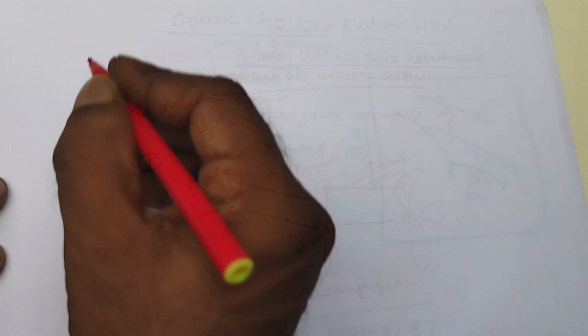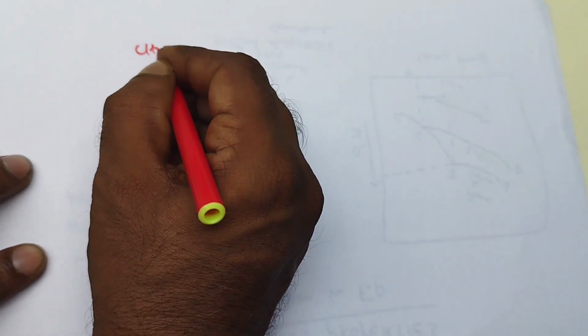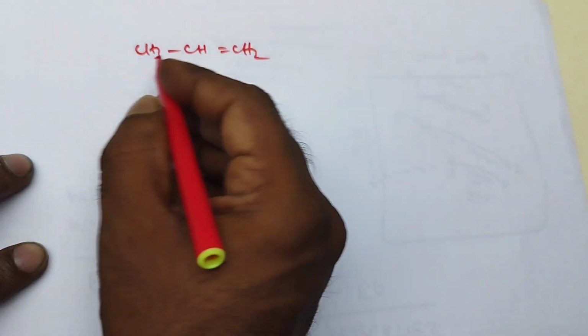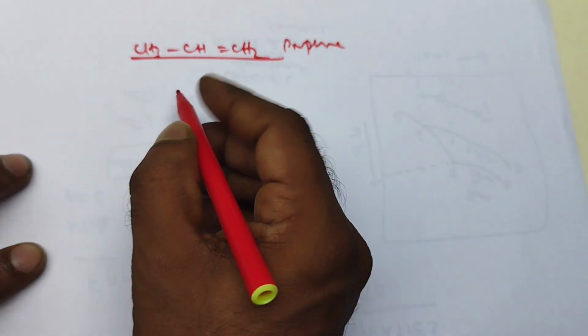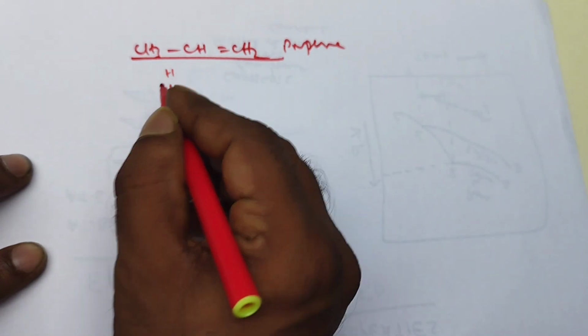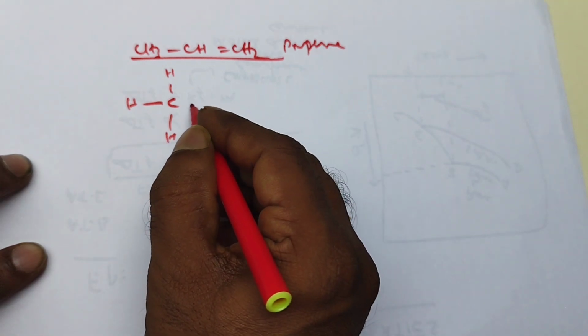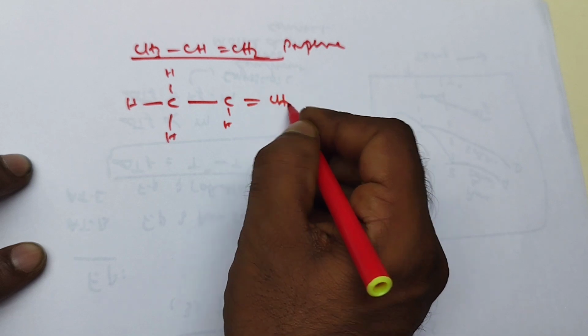In terms of structures, you can think about CH3-CH=CH2, so this is propene. Here we take a structure like this: H, H, H, C, H, double bond CH2.